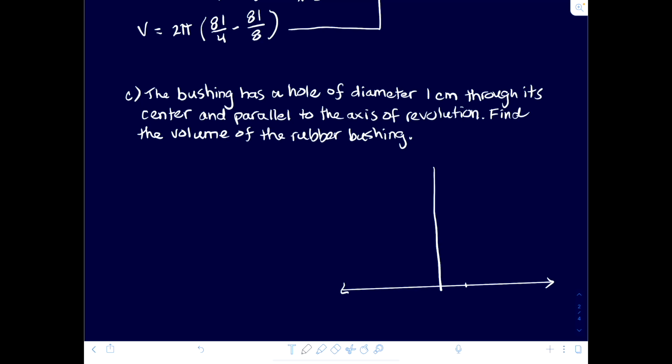So you'd have something like this. If this is 1, 2, 3, and -1, -2, -3, and this is 1, 2, 3, 4, 5, 6, 7, 8, 9, 10. So y.